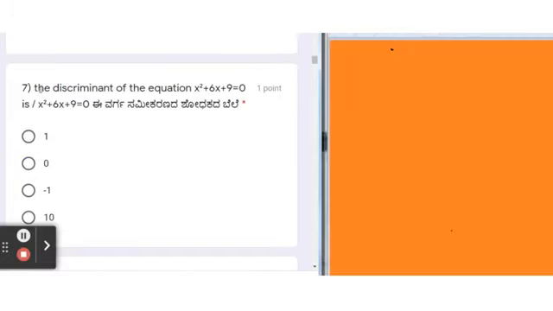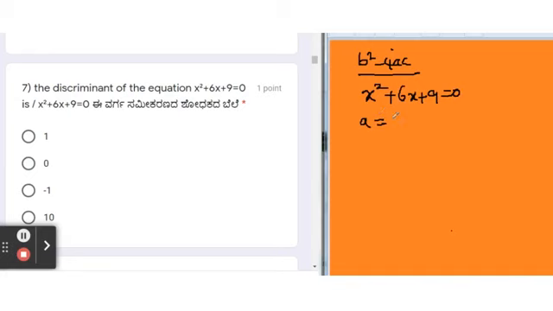Next question in quadratic equation: the discriminant of the equation x square plus 6x plus 9 is equal to 0 is. In the previous question itself we discussed, discriminant is nothing but b square minus 4ac. So what is b in this quadratic equation? First I will write the quadratic equation as x square plus 6x plus 9 is equal to 0.